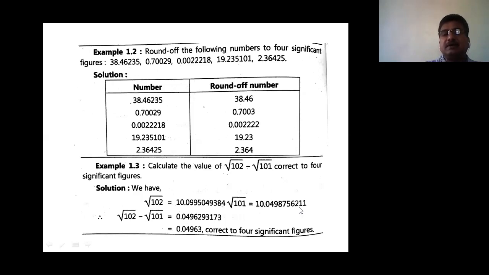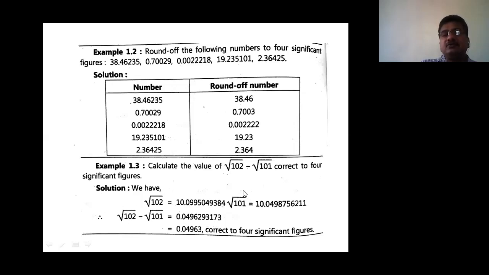Okay, by using the calculator. So write all digits after the point in the calculator. So if there is a calculator of 9 digits or 10 digits, then we have such a figure in that calculator. So we write that subtraction. This is the subtraction by using the calculator.